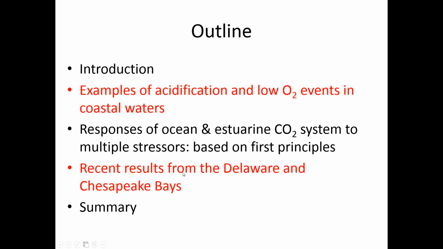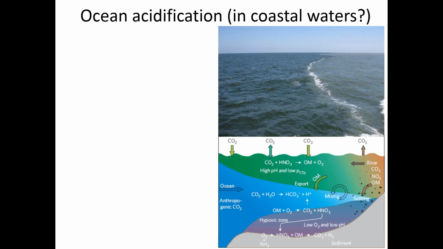And finally, I will present some new results from the Delaware and Chesapeake Bay that we recently collected. All right? Okay. So first question is, what is ocean acidification in coastal water?